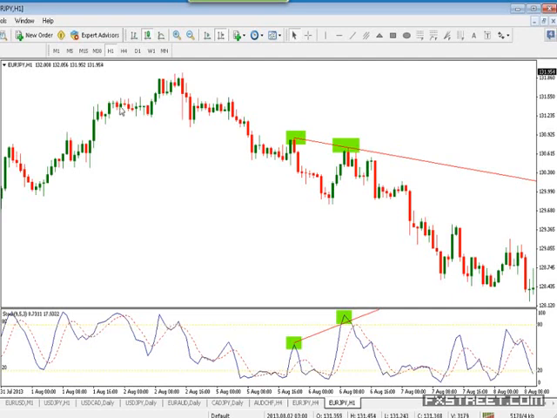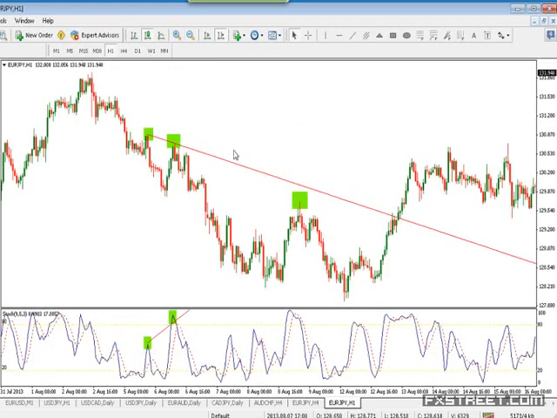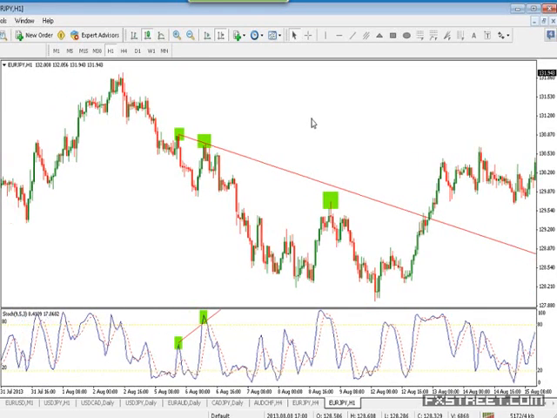But the simple fact is that anytime you come across a situation where your stochastic has stretched, you can rest assured that there will definitely be an expected price movement.